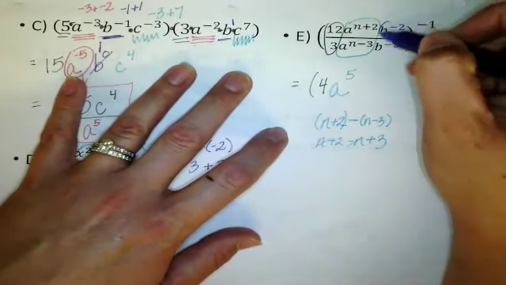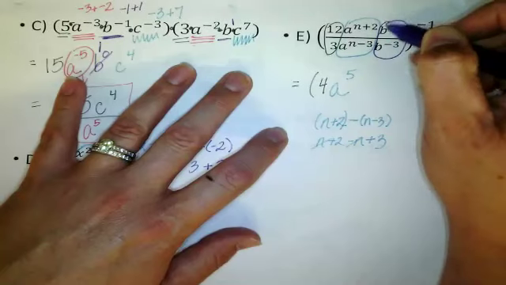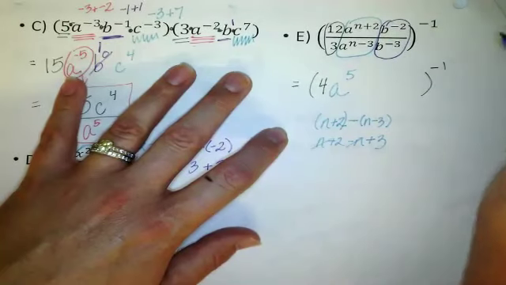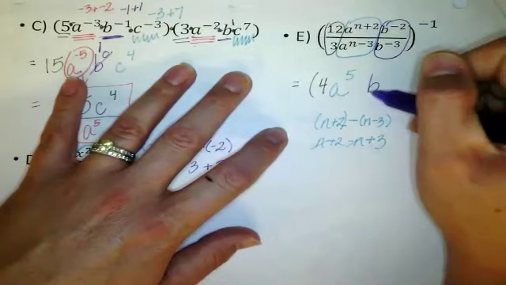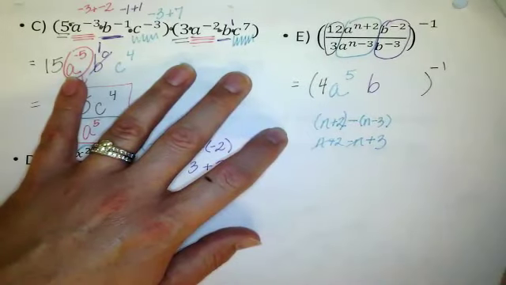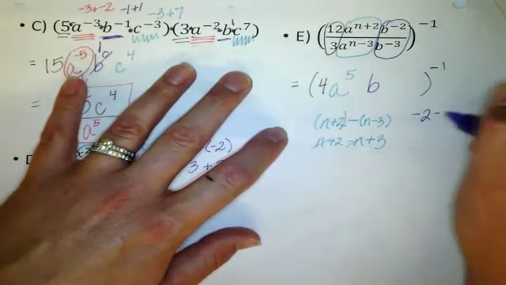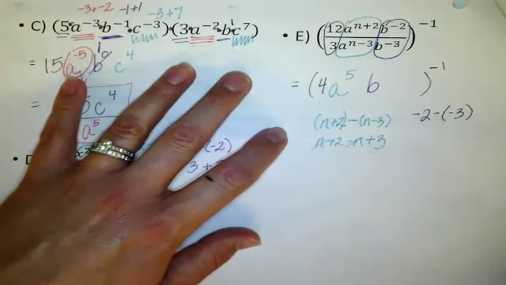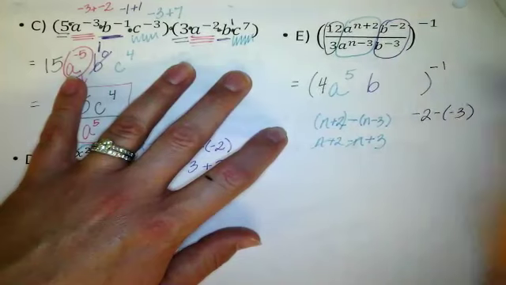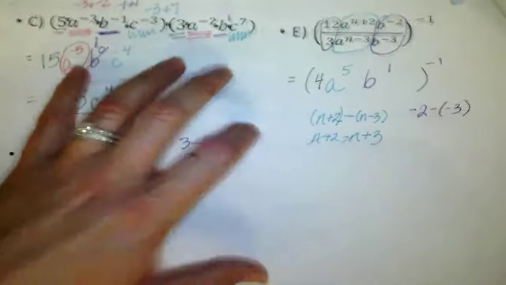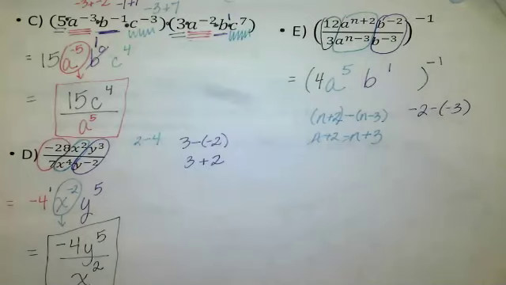All right, and then here, b to the negative 2 over b to the negative 3, they have the same base. And what are we going to do to those exponents? Subtract them. So negative 2 minus a negative 3 is 1. Okay. So that's a lot neater, a lot cleaner, right?